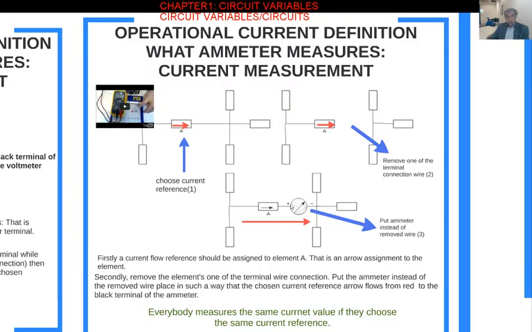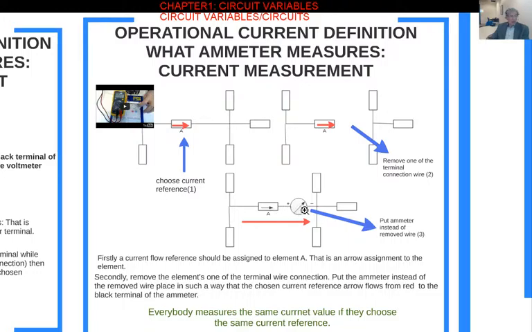So we assume that the current reference of this ammeter is from plus to minus. The direction of the current reference of our ammeter is going to be the same direction as the chosen element current reference, which is this.